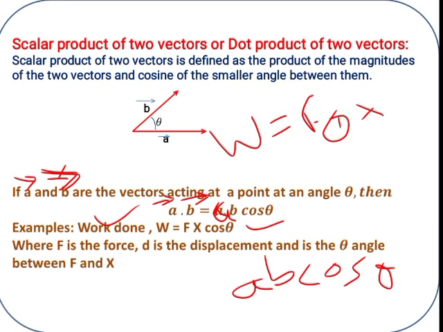So W is equal to F into X into cos theta, where F is the force, X is the displacement and theta is the angle between F and X.